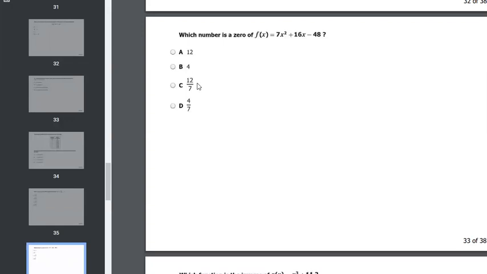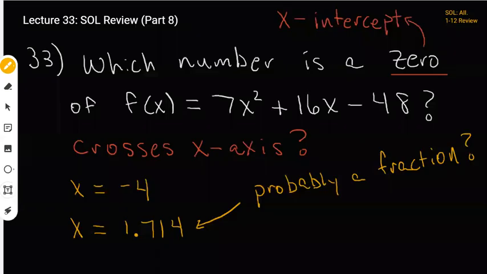So the -4 doesn't show up. I only see a +4. And that can't be it, right? It can't be 12. So it's either going to be C or D. Which one makes the most sense? What do you guys think?